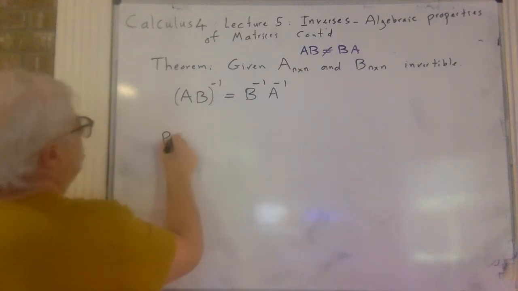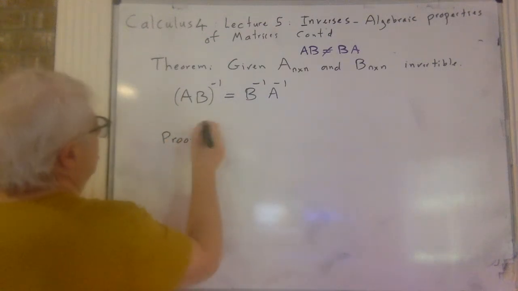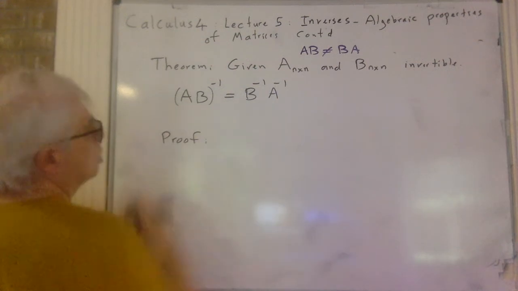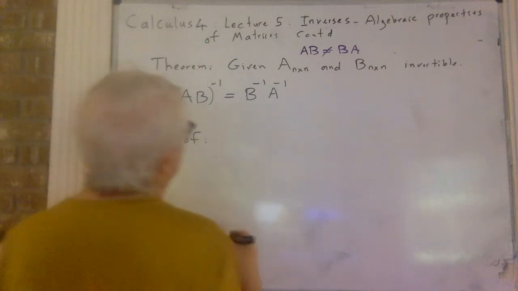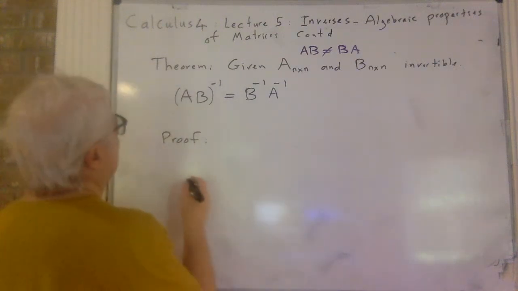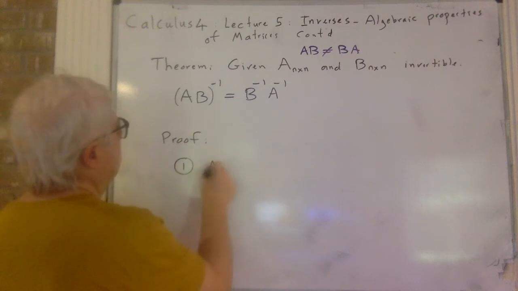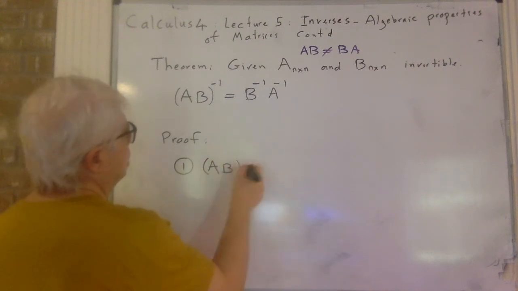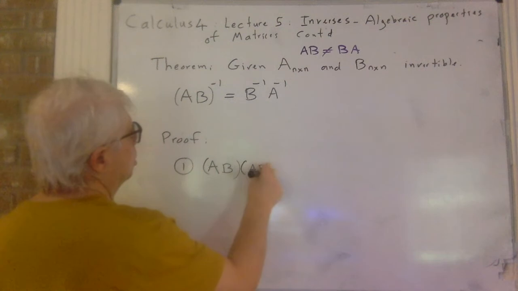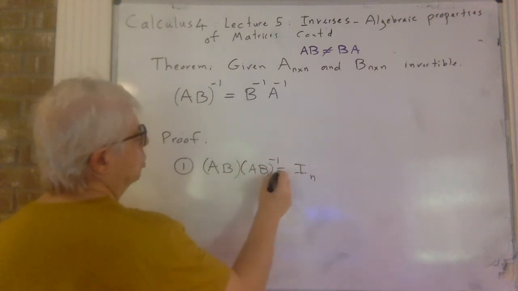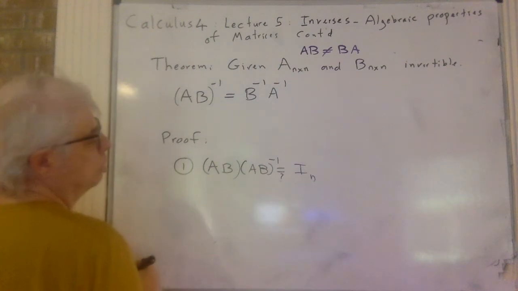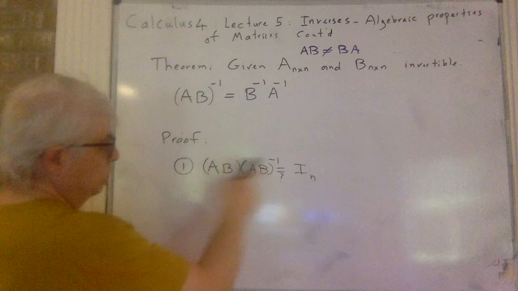Well, let's see how we can prove this. We have to show that this times this is IN. So I should show that AB times (AB) inverse is IN. I put a question mark here to ask, is this equal to this?